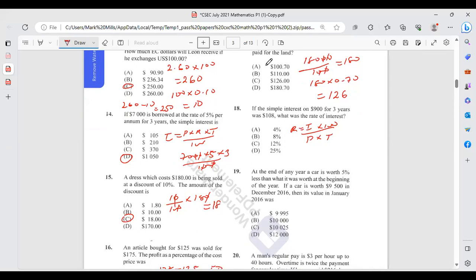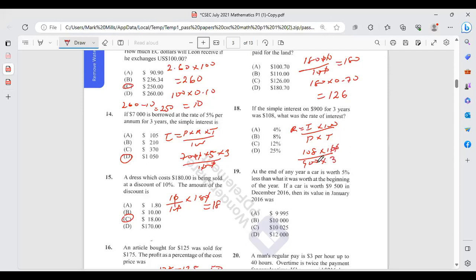What is my interest here? $108, sir. Interest is 108, yes. Times 100. What is my principal? 900. Times the time? 3.